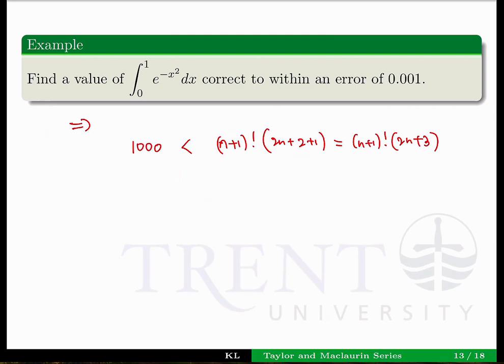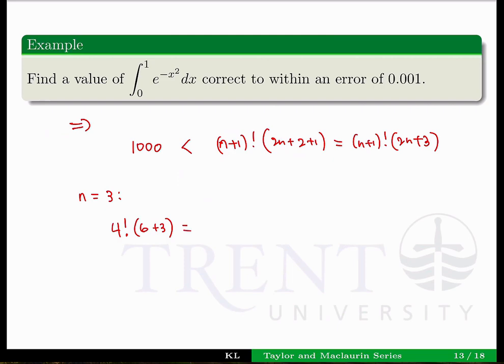So we can do some estimation. Let's start with n equals 3. With n equals 3, we have 4 factorial times 6 plus 3.